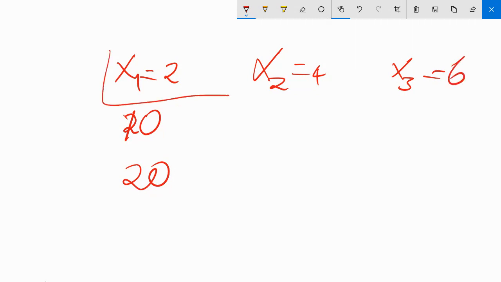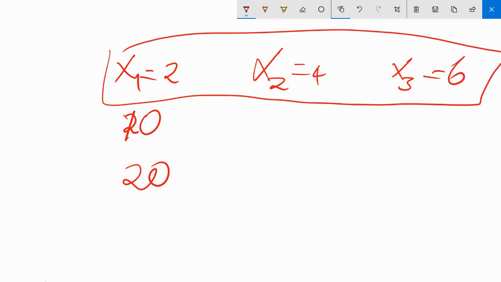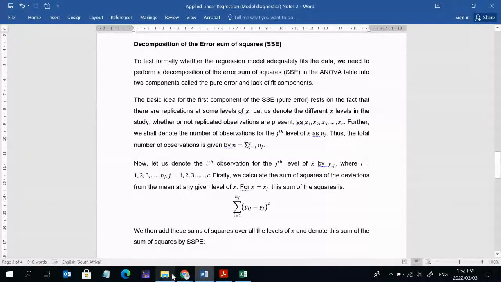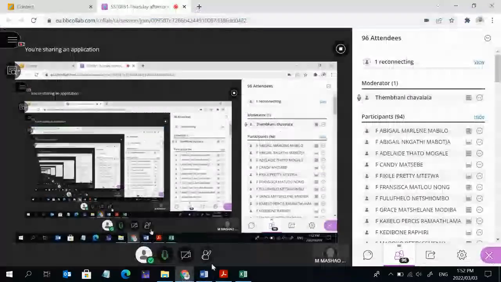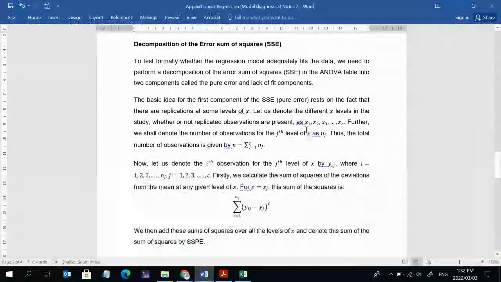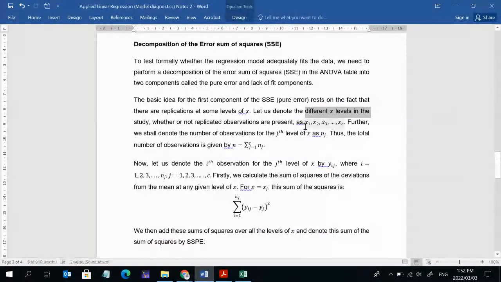So this is how we are going to have our data set, which means we have 3 levels of the regressor there. So let me go back to the notes. If I go back to the notes, you will get from this statement that let us denote the different levels of x like this.